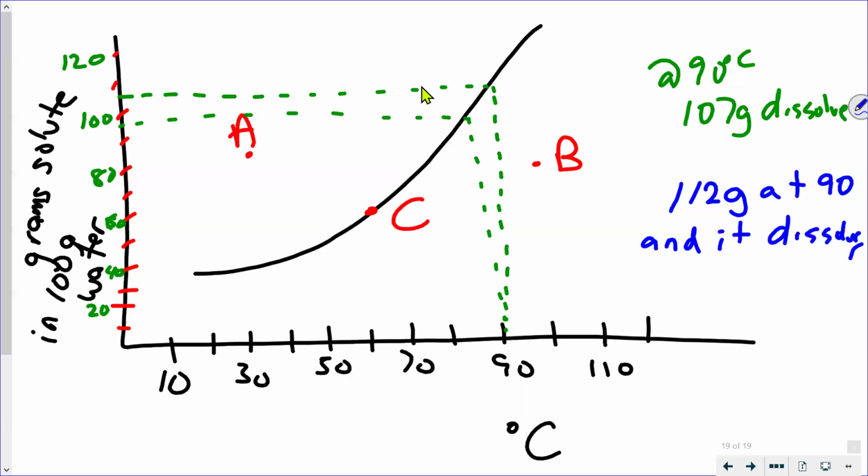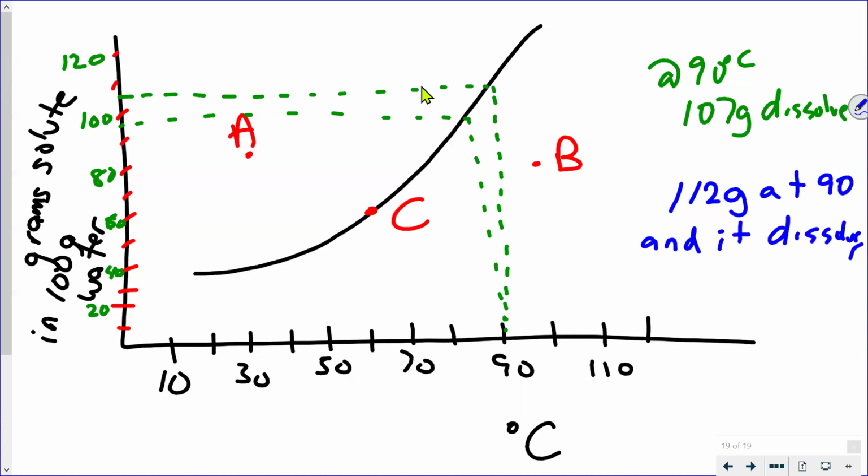We also have those cross multiplication questions. Another question you might be asked is, I have 112 grams dissolved.